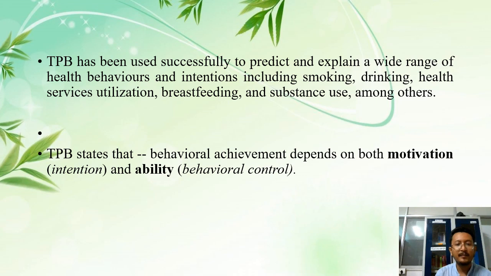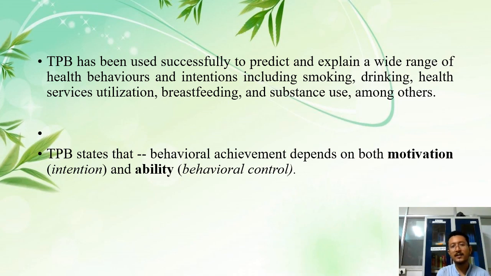Lastly, it states that behavioral achievement depends on motivation and ability. That is, the intention of an individual or your audience to behave in a particular way basically leads to motivation, and the ability, whether he or she is able to execute that action or not. There is a behavioral control.